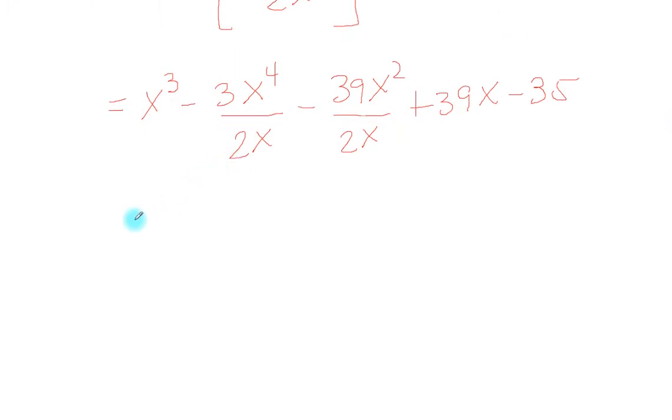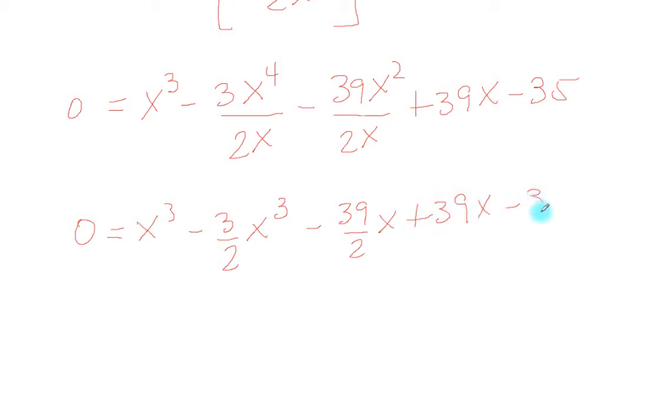And this becomes 0 equals x cubed minus 3 halves x cubed minus 39 over 2 x plus 39x minus 35.